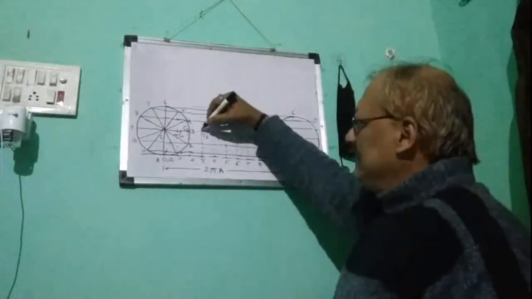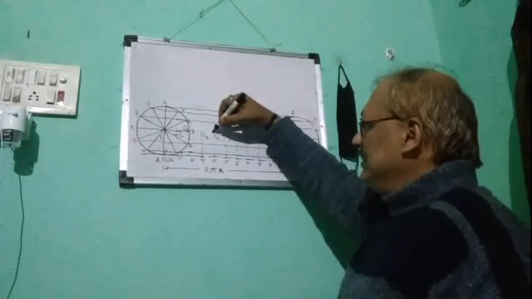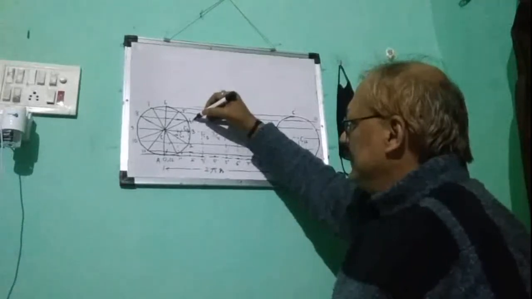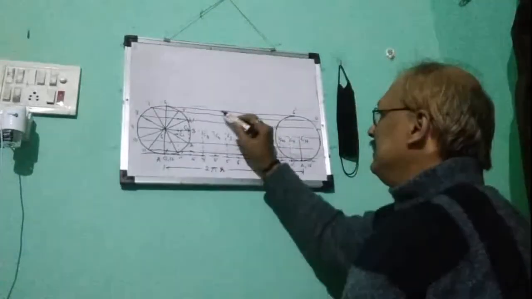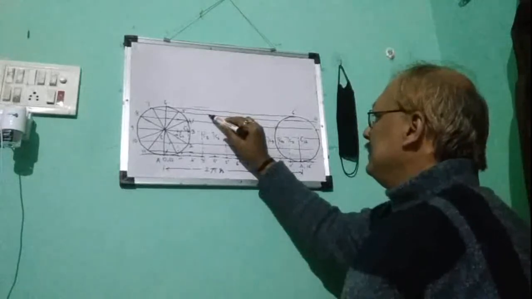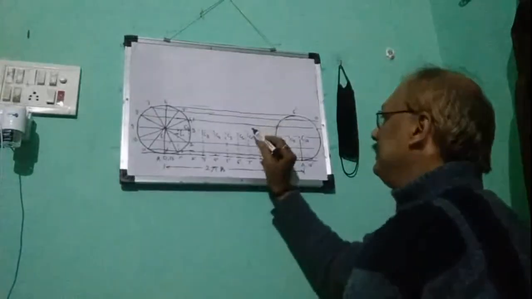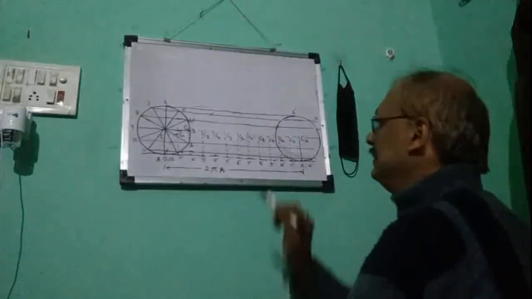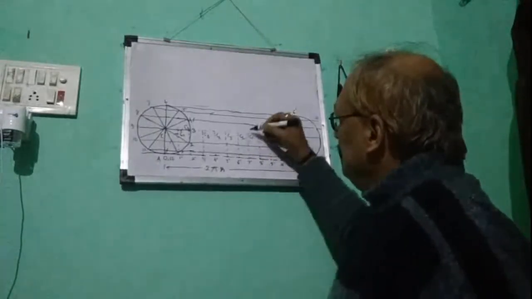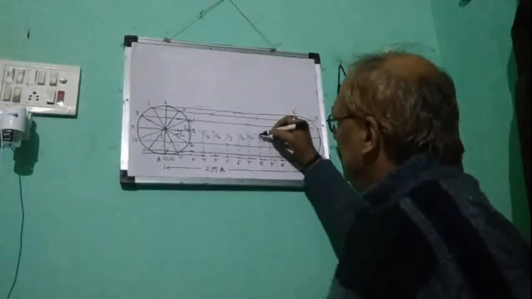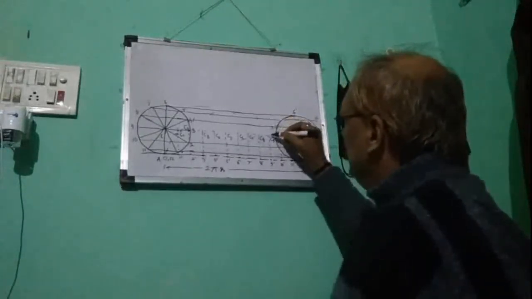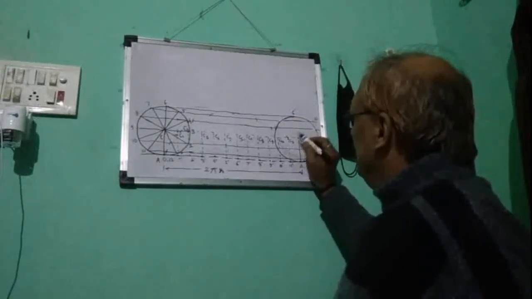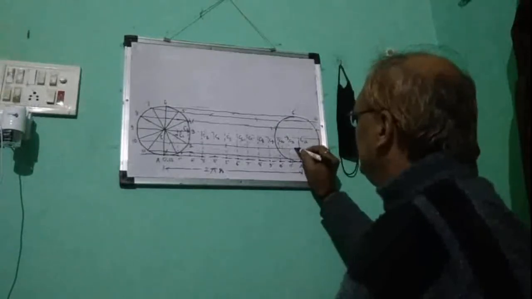So taking this center, suppose it will cut here. Taking this center, it will cut suppose here, and taking this center, it will just tangentially cut, and then it will start coming down. C8, it will cut here, C9, so it will cut here somewhere, C10, so it will cut somewhere here.